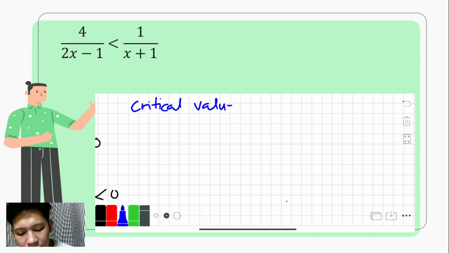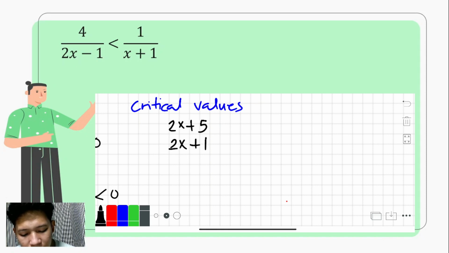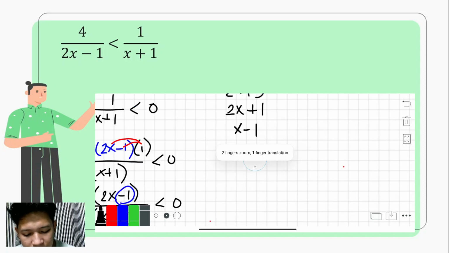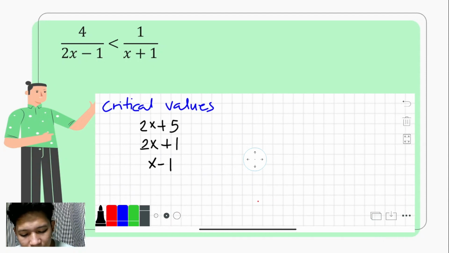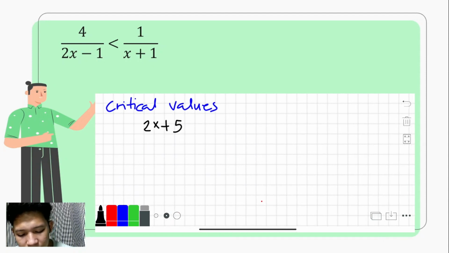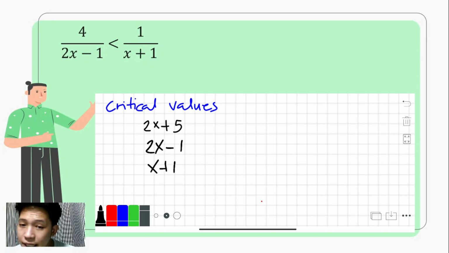The critical values would be 2x plus 5, and then we have here 2x minus 1 and x plus 1, sorry. And all of this would be equated to 0 para makuha natin yung pinakang critical value.